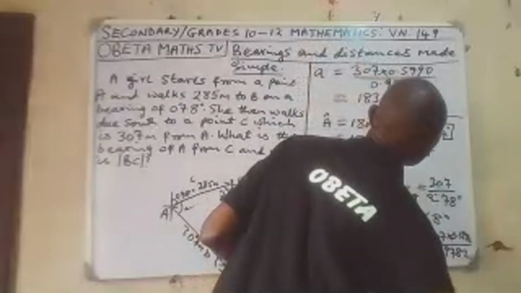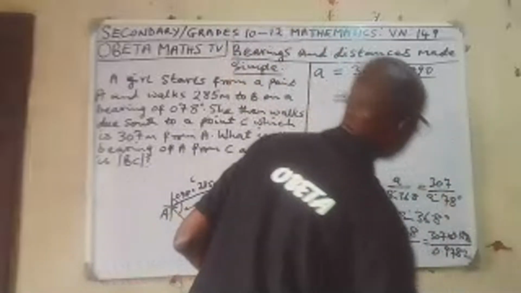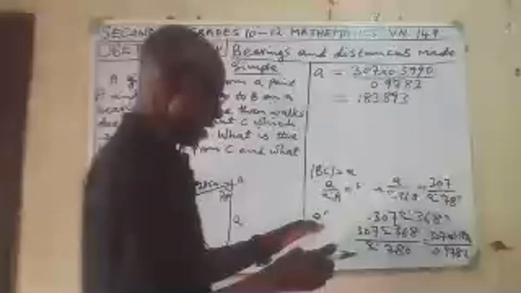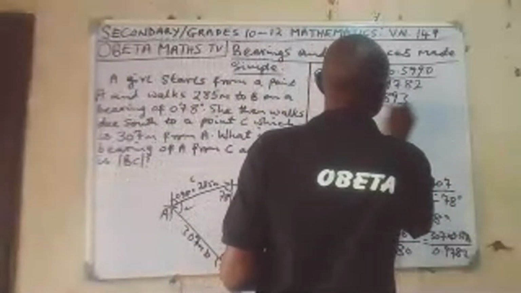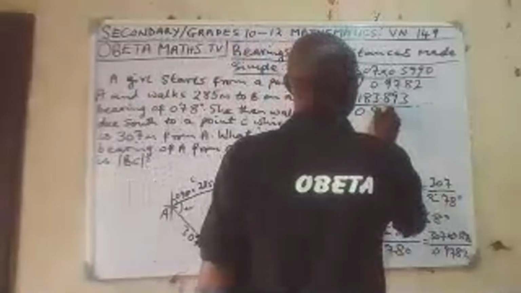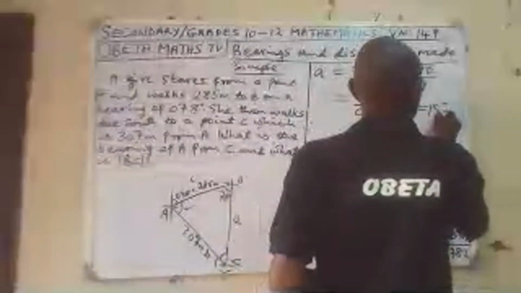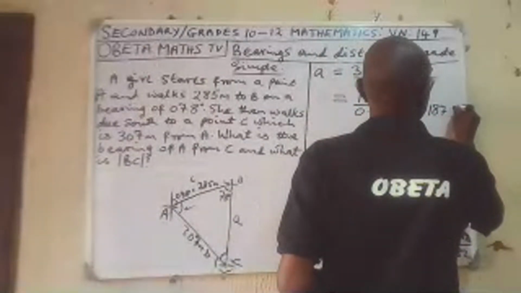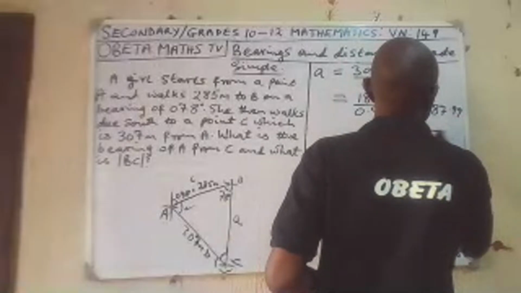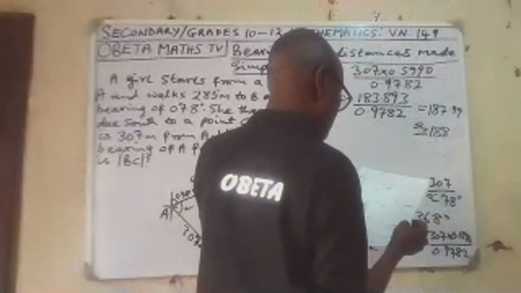Then moving on, divided by 0.9782. So finally, that will give us 187.99, approximately equal to 188 meters.